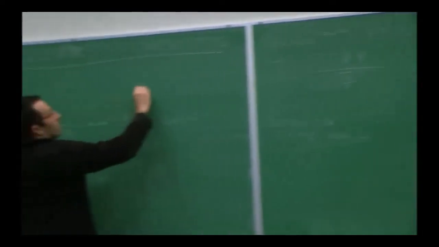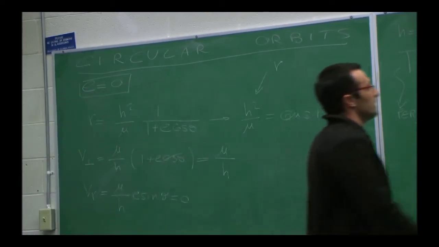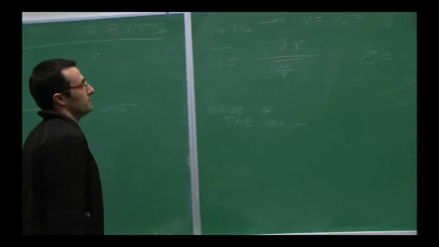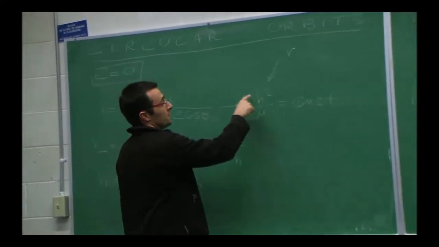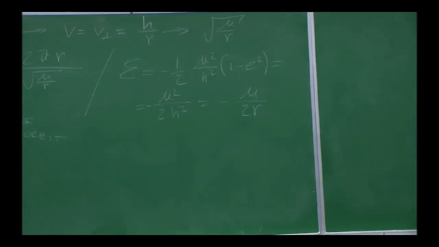Remember, this is r, which is constant. So this is equivalent to minus mu over twice the radius. That's just another way of writing it. Do we see that? The radius is h squared over mu. If you flip it, you get mu over h squared. I add the mu. That's what I get.